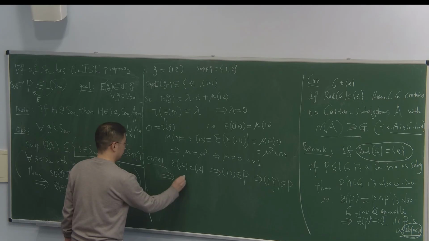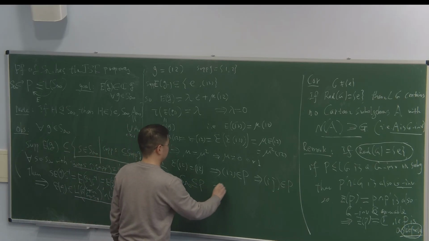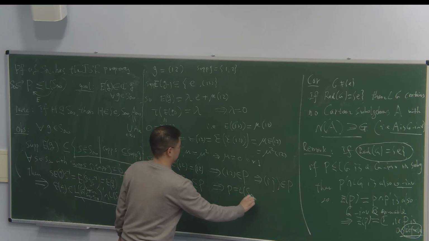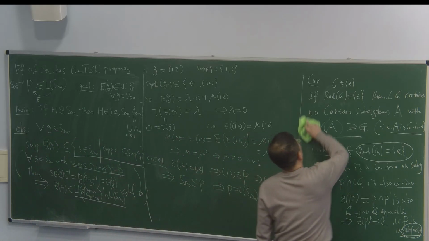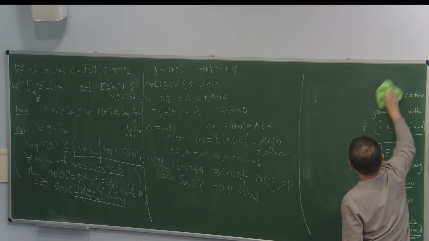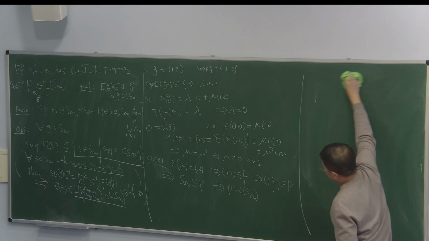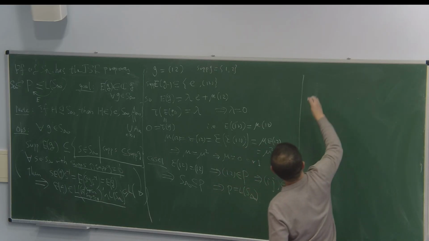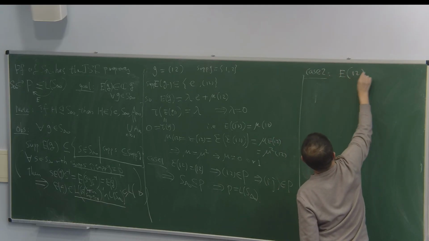So actually S infinity lies in P, so this means P is the ambient von Neumann algebra. Okay, it's the ambient one. So we may assume E of (1 2) equals 0.